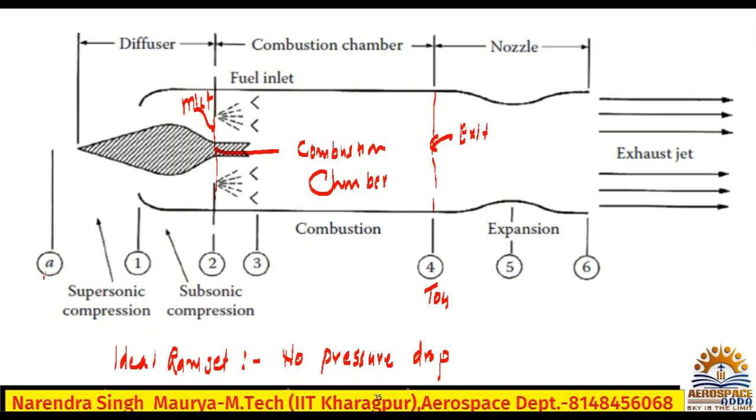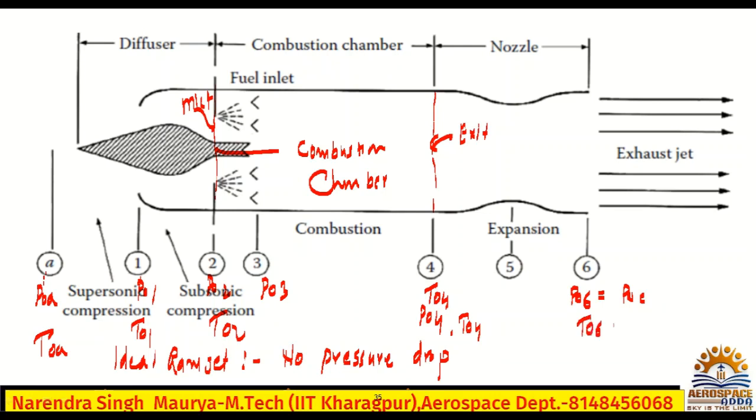This is the static pressure at point A, but the total pressure you can also write as P naught A. This must be equal to P naught 2, this is P naught 3, P naught 4, and this is P naught 6 or P naught exit. That is the ideal ramjet. Temperature will also be T naught A, T naught 1, T naught 2, T naught 4, and T naught 6 or T naught exit.